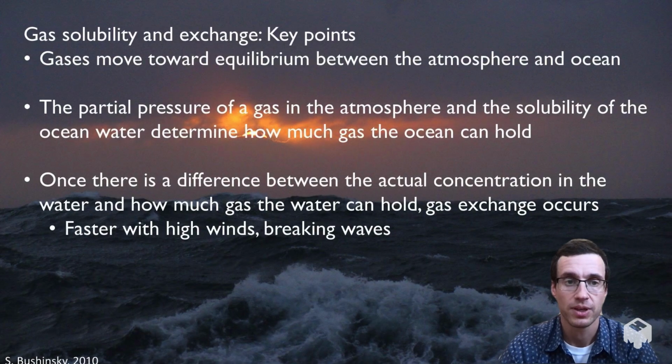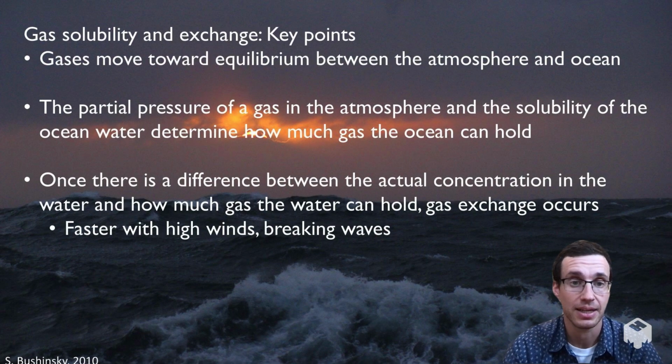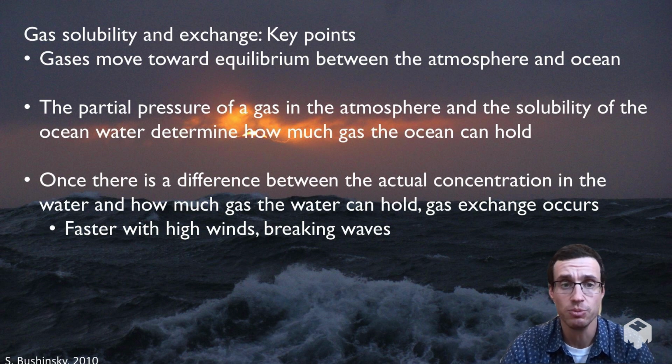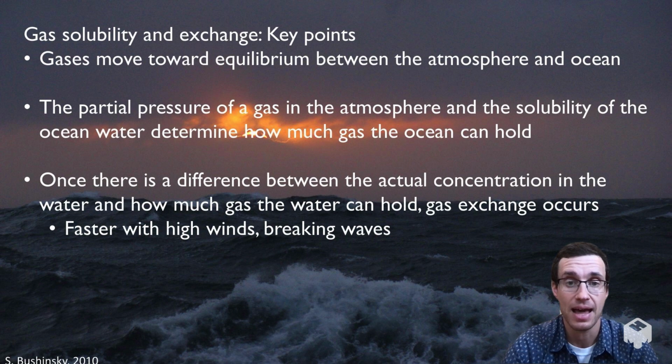Okay, so to summarize our gas solubility and exchange, gases will move toward equilibrium between the ocean and the atmosphere. And that equilibrium is determined by the partial pressure of the gas in the atmosphere and the solubility of the ocean water. That determines how much gas the ocean can hold.